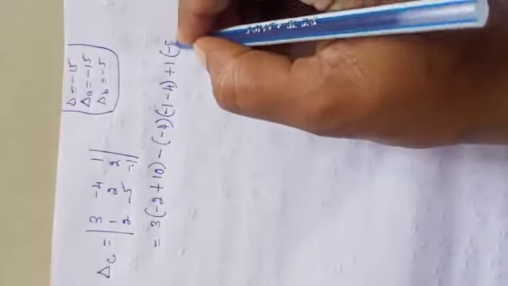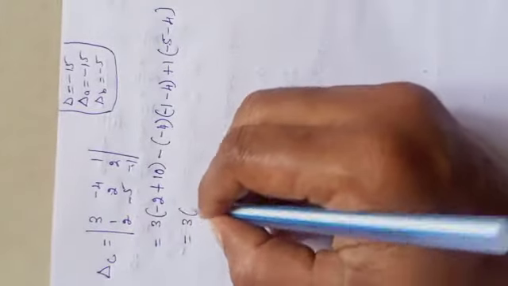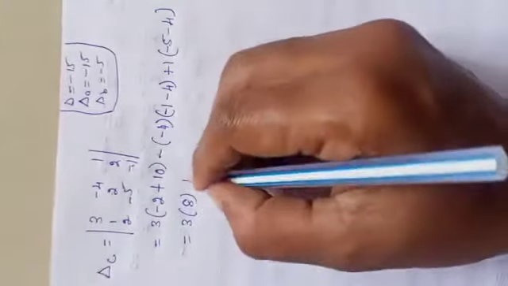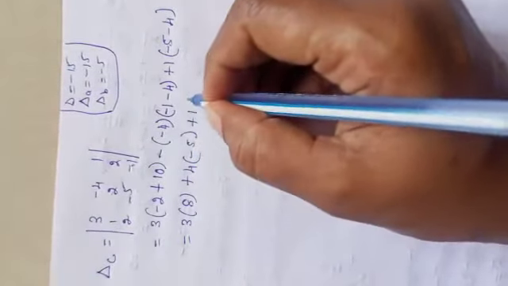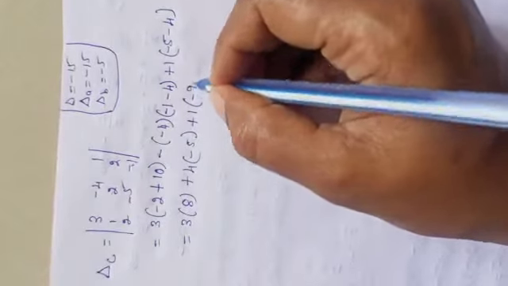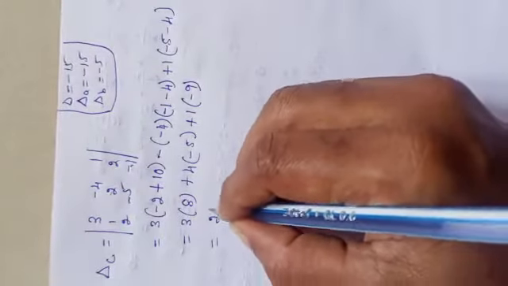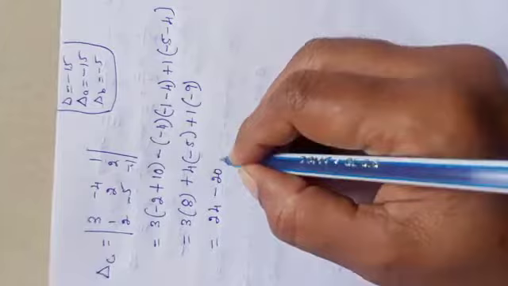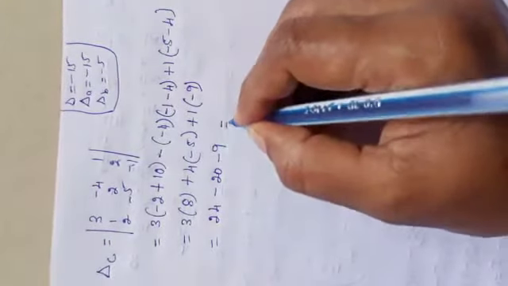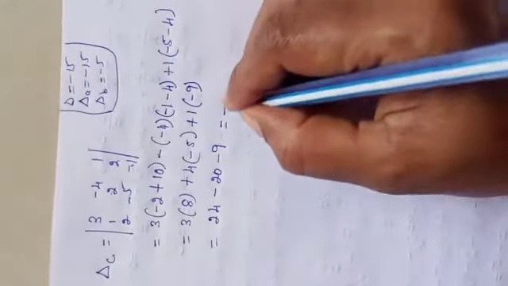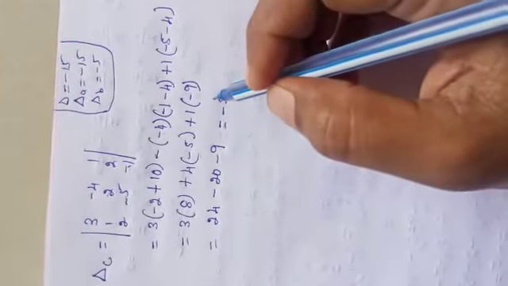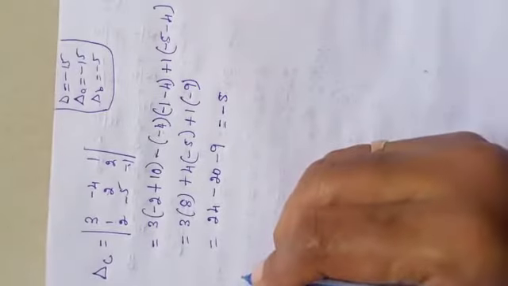Then plus 1 into minus 5 minus 2 into 2 is 4. So 3 into 8 plus 4 into minus 1 minus 4 minus 5, plus 1 into minus 5 minus 4 is minus 9. So 24 minus 20 minus 9, 24 minus 29. How much will we be getting? Minus 5. So we got delta, delta A, delta B, delta C.